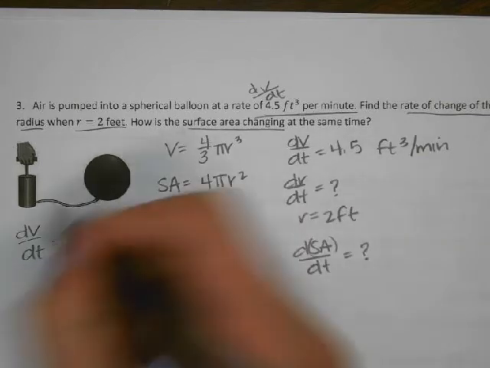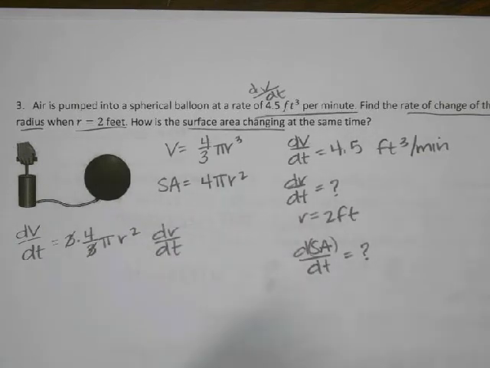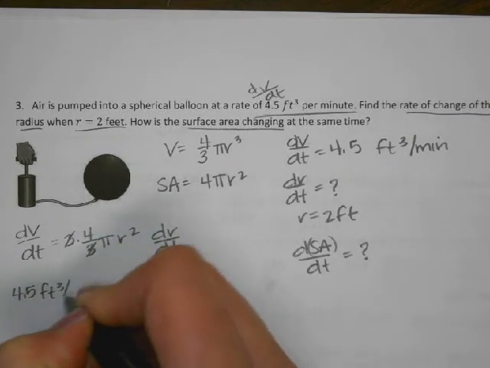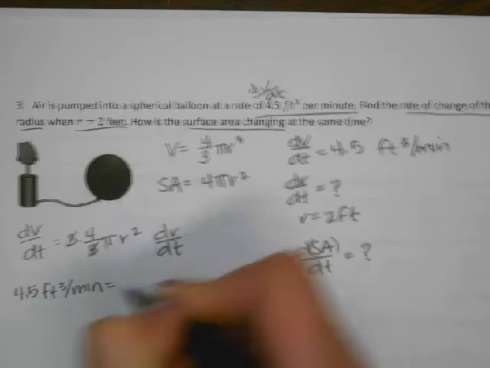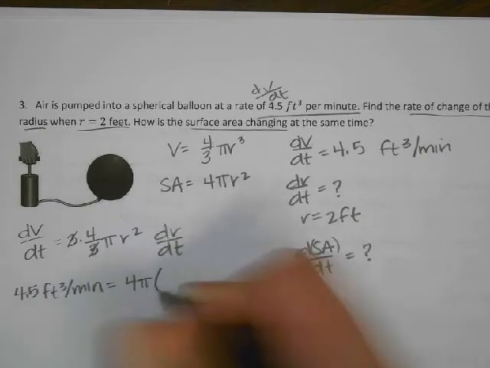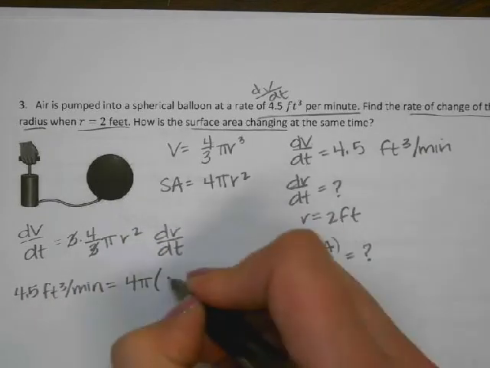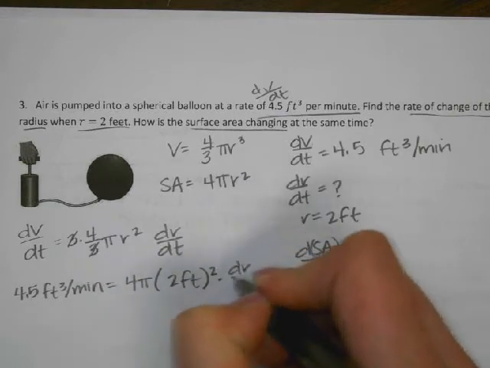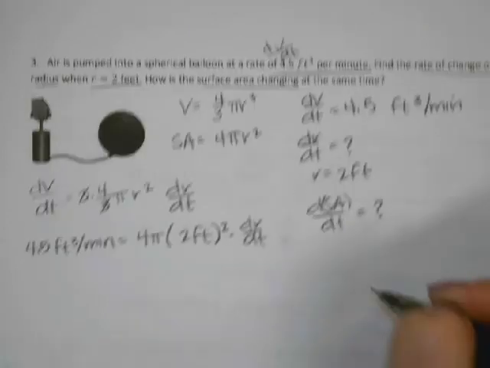All right, so we can go ahead and start plugging things in. We have dV/dt is 4.5 feet cubed per minute equals 4 pi times the r value, 2 feet squared, times dr/dt. So I've plugged everything in.